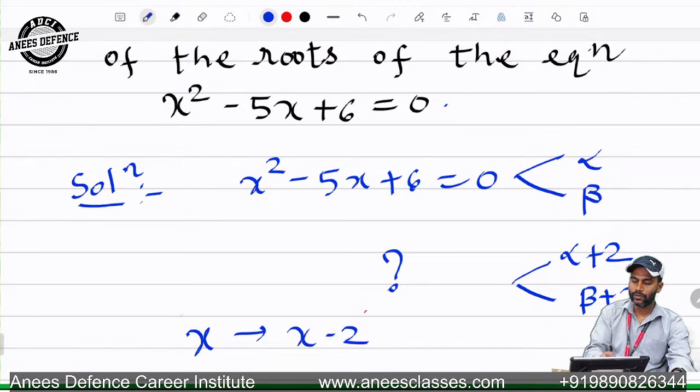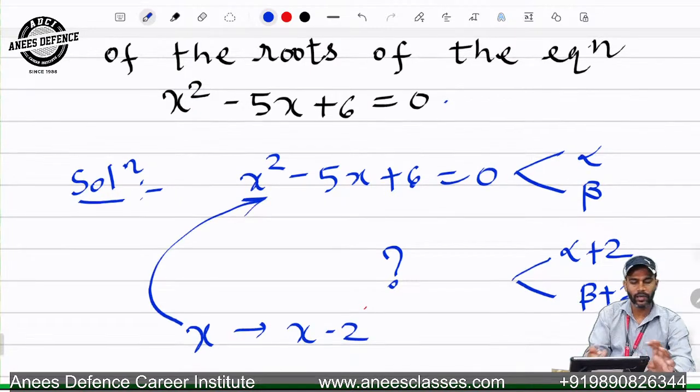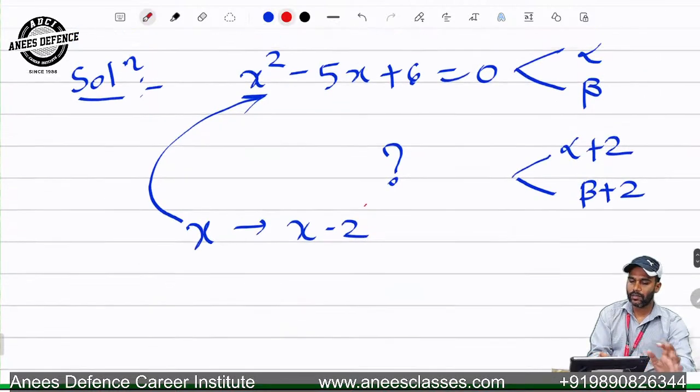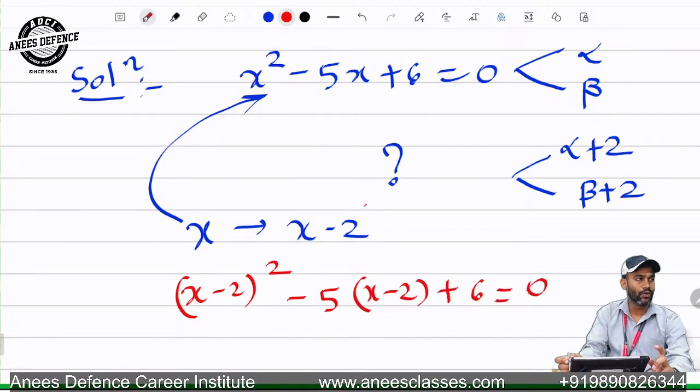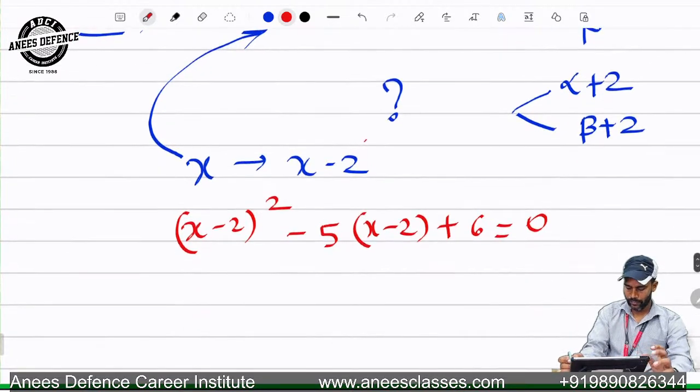Yes or no? Yes. So we have to replace x here. You'll get the final answer, the required equation. So just replace x by x minus 2. You'll get x minus 2 whole square minus 5 times x minus 2 plus 6 is equal to 0. Yes or no? Okay.